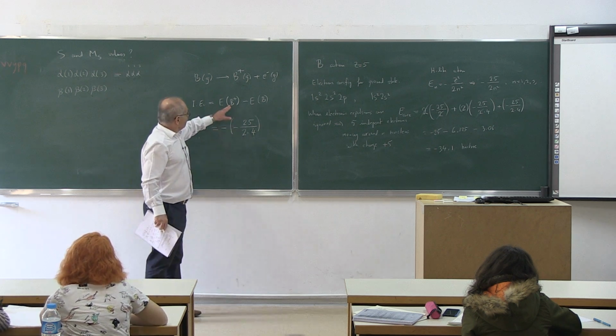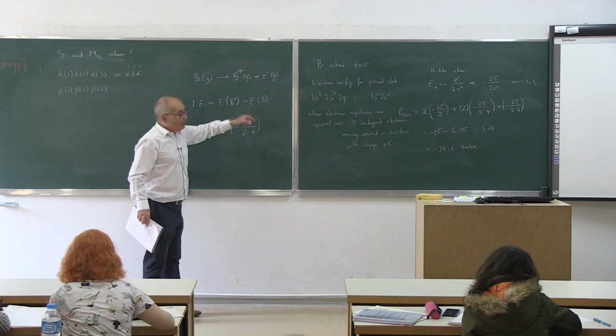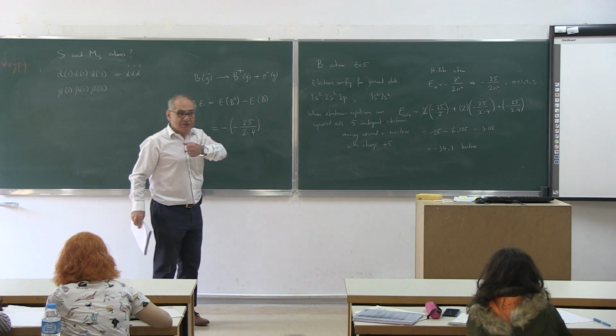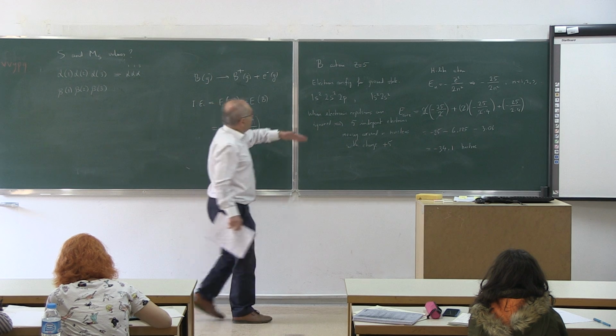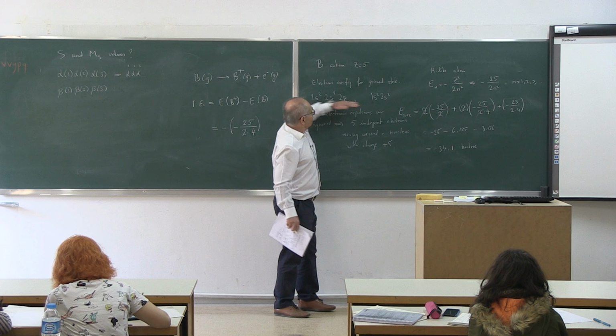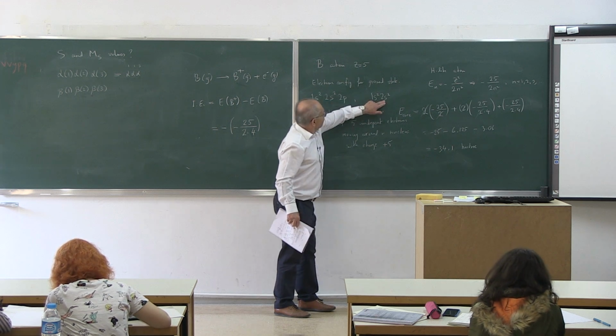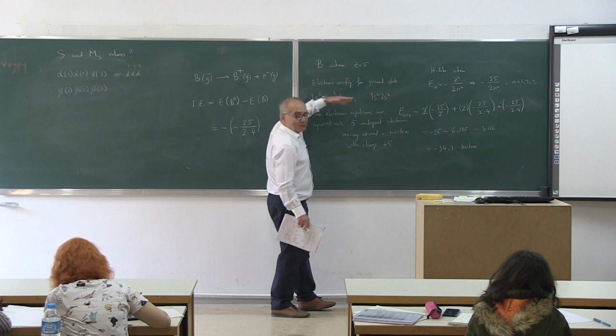The energy difference between the cation and the neutral, within this approximation where electron repulsions are ignored, is the total energy of this one minus the total energy of that one. But because these parts are the same, they will cancel.